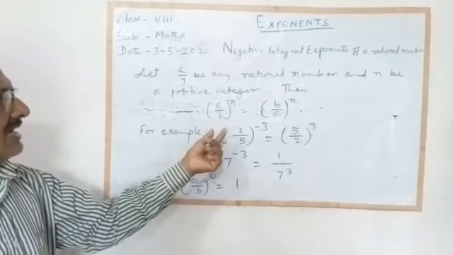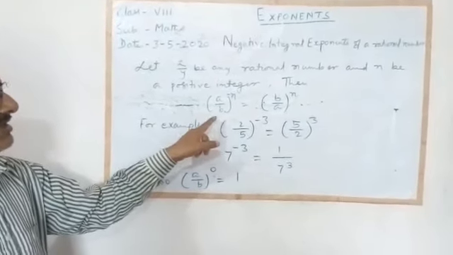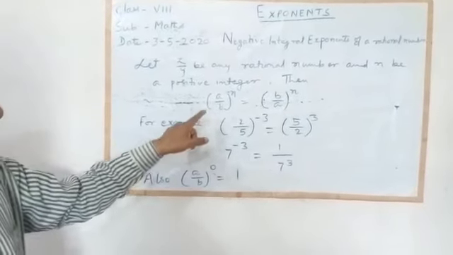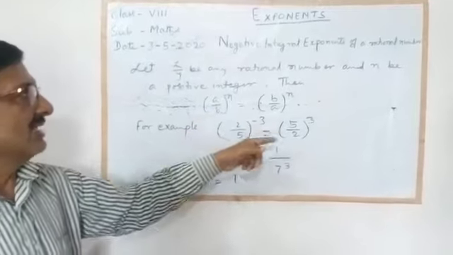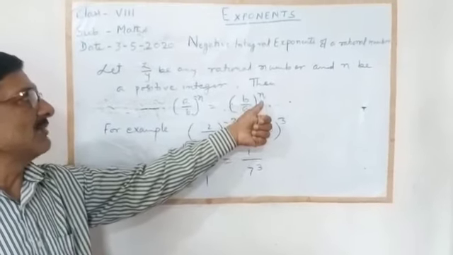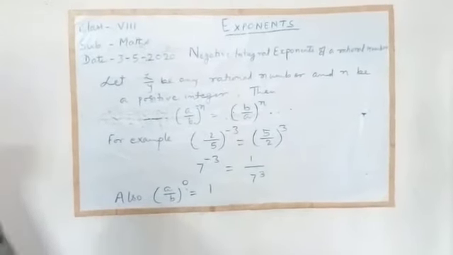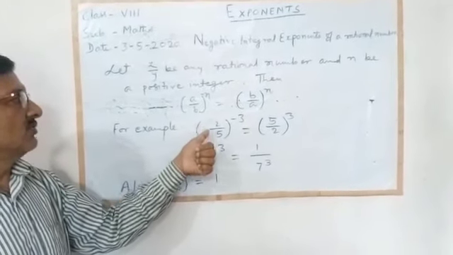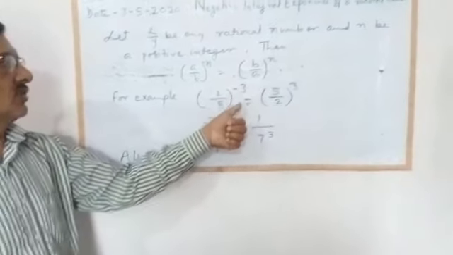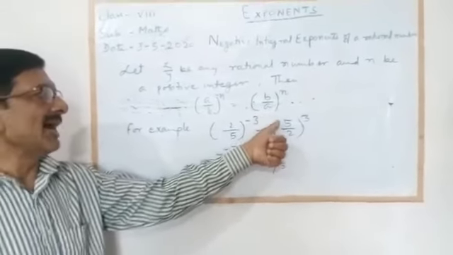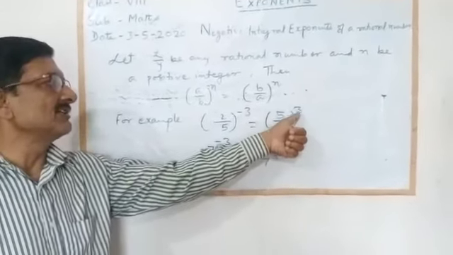Here we have learned that you have to make the reciprocal of the given rational number, then we will get the positive integral power. For example, (2/5)^(-3) will be equal to (5/2)^3.